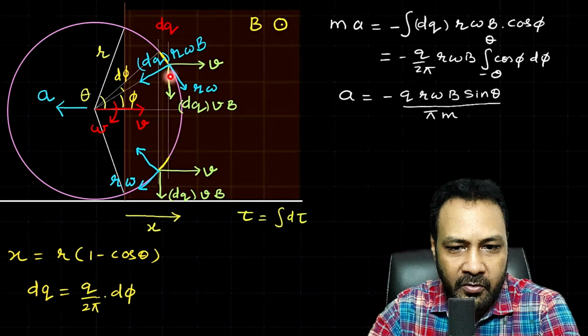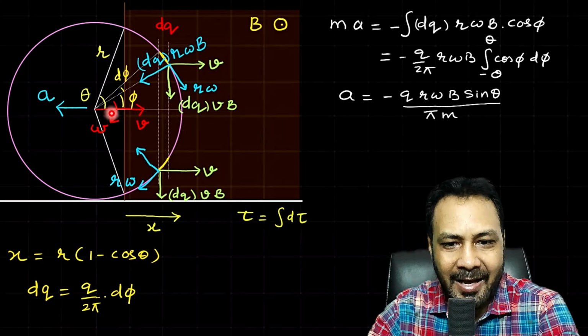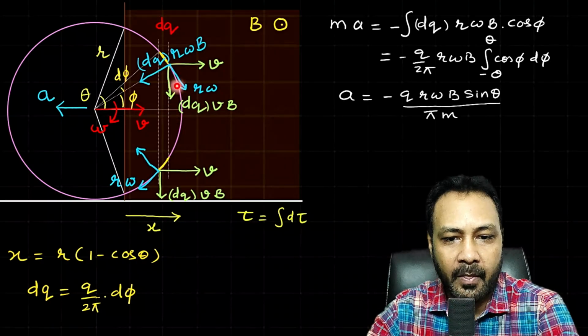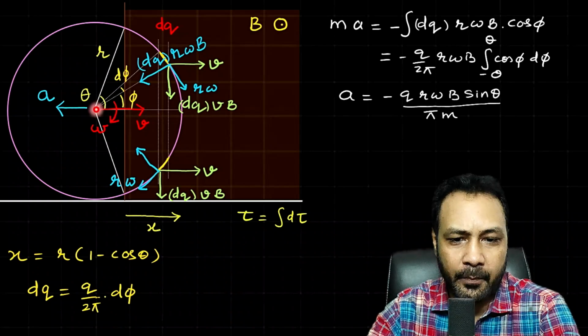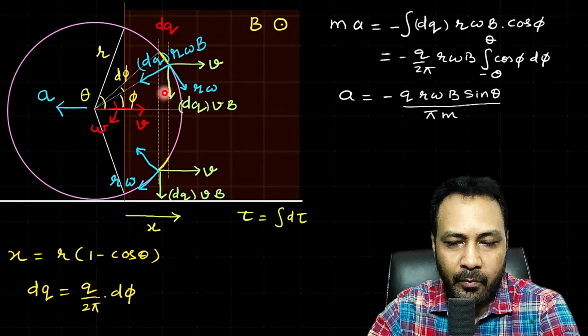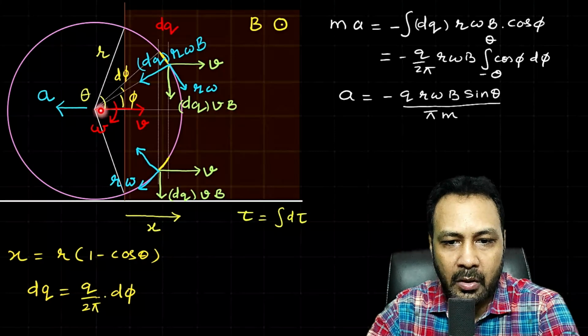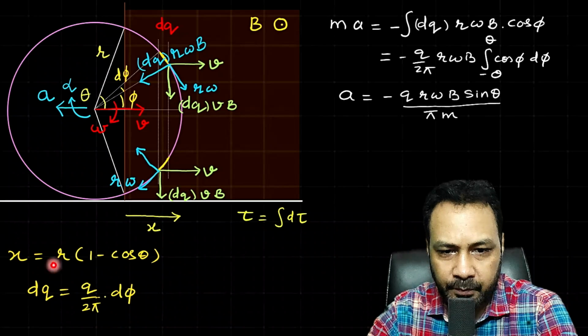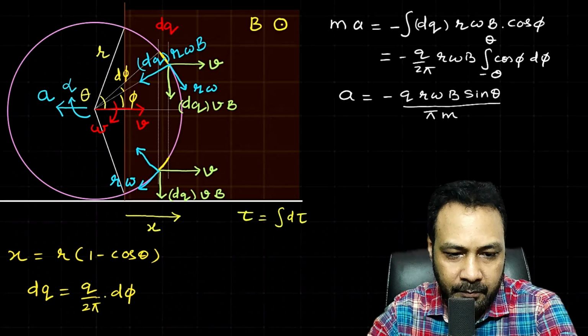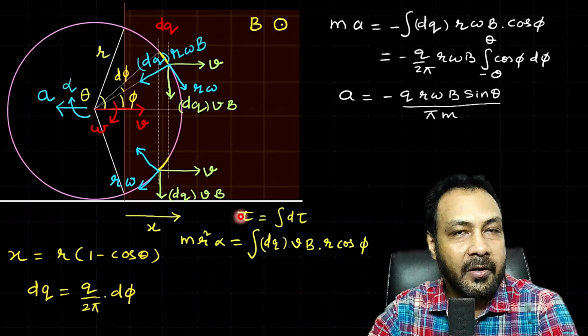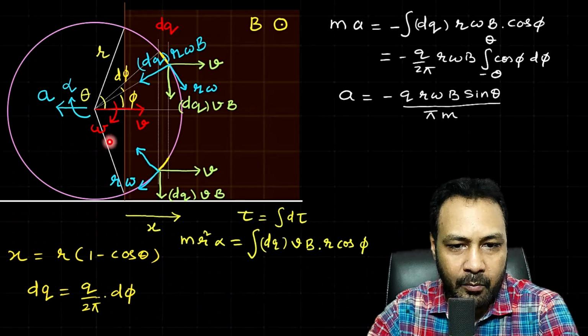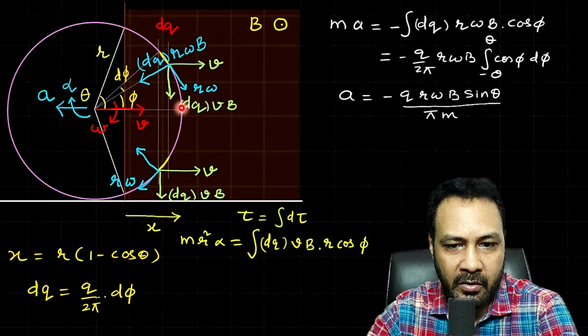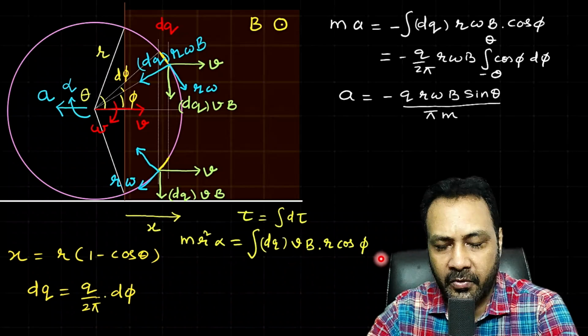So the line of action of this force is at a distance of r cos phi from the point about which we want to find the torque. So torque because of this element would be dq V B into r cos phi. So d tau is equal to that, and because of that torque there will be alpha. So torque I will write as I alpha. I about this point is m r square, so this is m r square alpha, and this d tau, as I told you, is because of this force dq V B into r cos phi, that is fine.